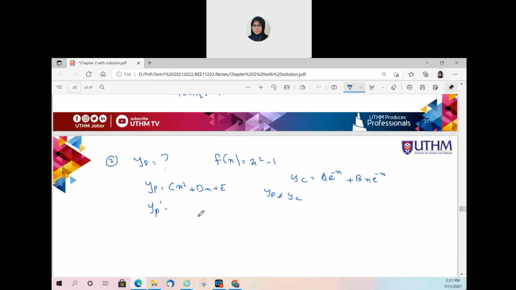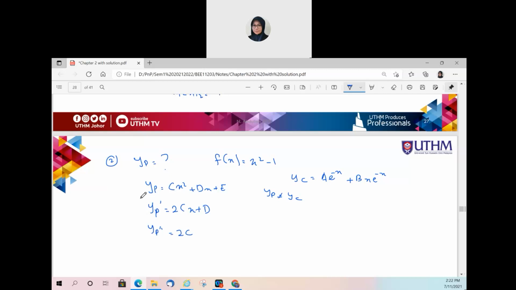So yp prime, you differentiate this cx square plus dx plus e, then you get 2cx plus d. Right? Betul? Okay, then yp double prime, you differentiate this one, you get 2c. Okay, so now we have yp, yp prime, yp double prime.